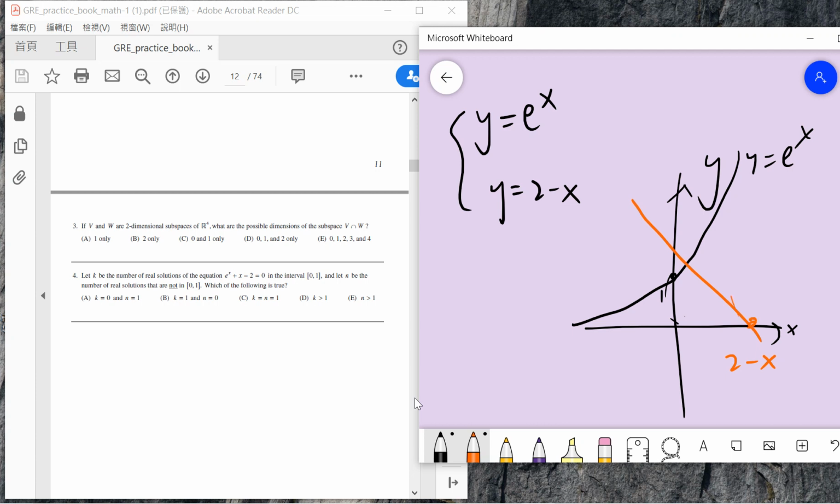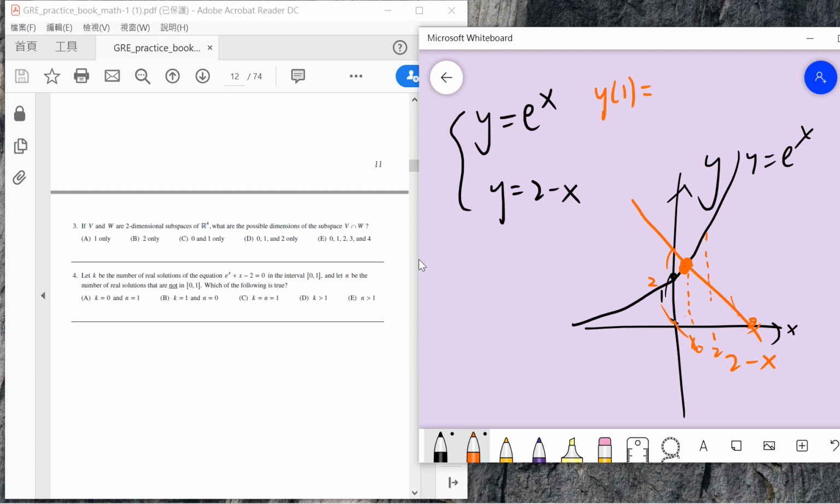So this is 2. It looks like you only have one real solution. But to answer this, we need to know the x coordinate, whether it is smaller than 1 or larger than 1.